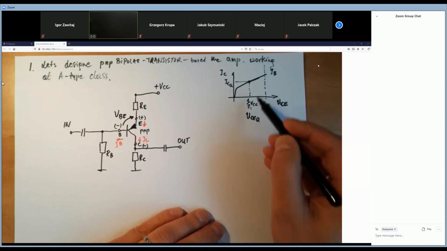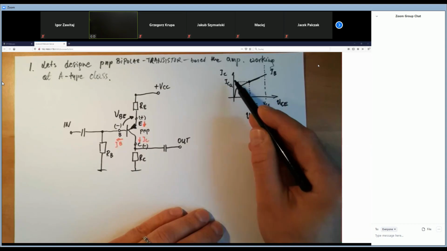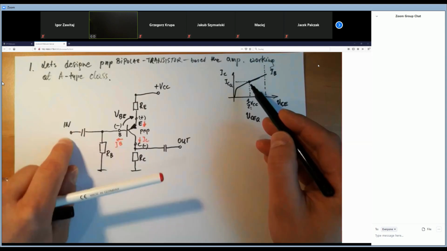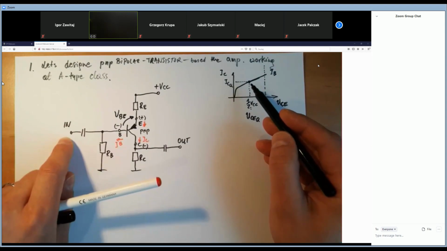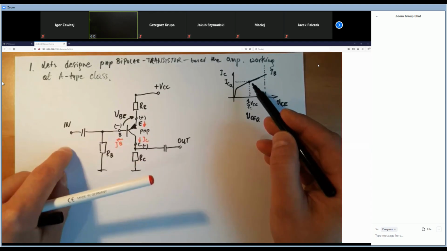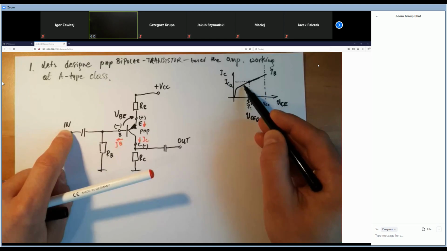So as you see, this is the A-type, which means that at any time the current ICQ is passing through, and both sides of the input voltage value, meaning the positive and negative pulse of it, lie at any time on this linear part of this chart.